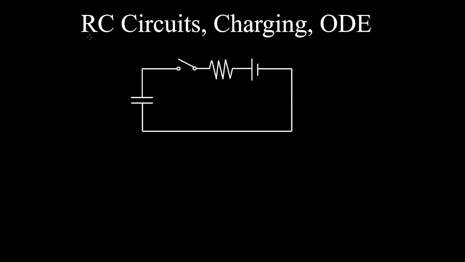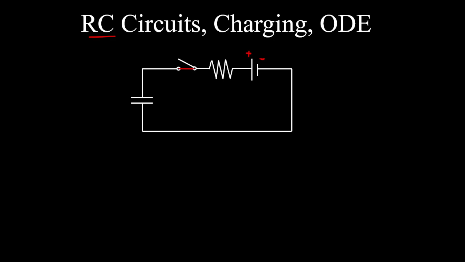Let's look at resistor capacitor circuits. So here we have a battery connected to a resistor and a capacitor, and we initially have an open switch. So therefore there's no current flowing through this circuit, and the charge on the capacitor is 0. Now when this switch is closed, we're going to apply Kirchhoff's law.